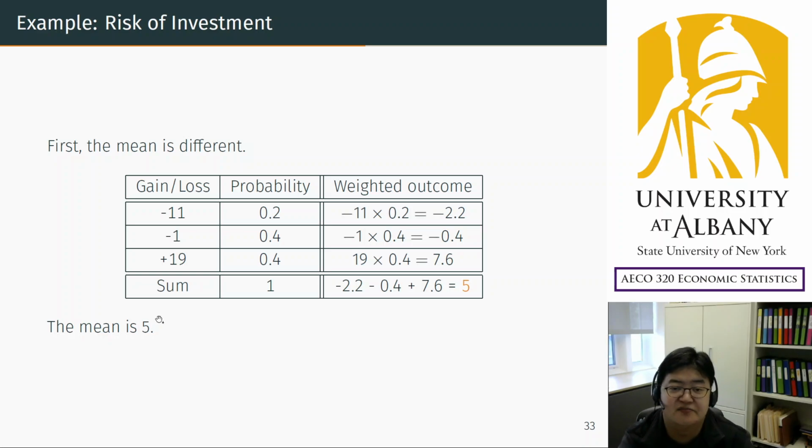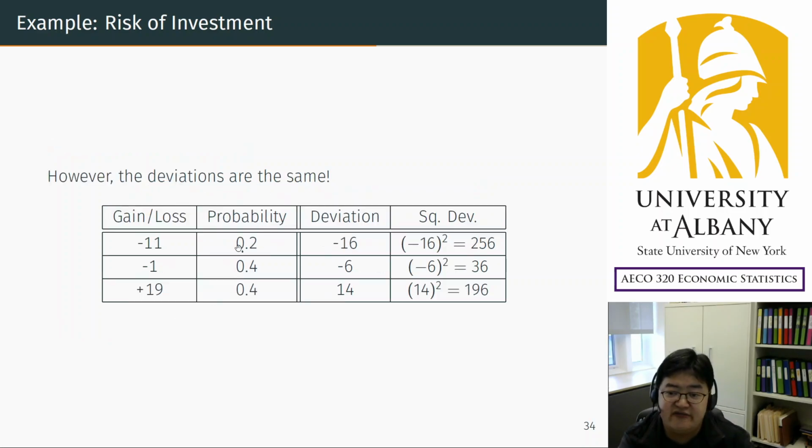Not surprising at all. And then calculate the deviations and then the squared deviations. Remember these numbers: the outcomes are minus 11, minus 1, plus 19, and you are subtracting 5.